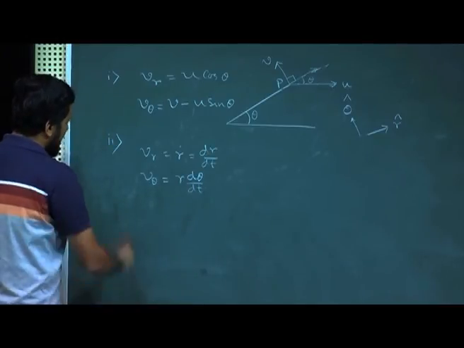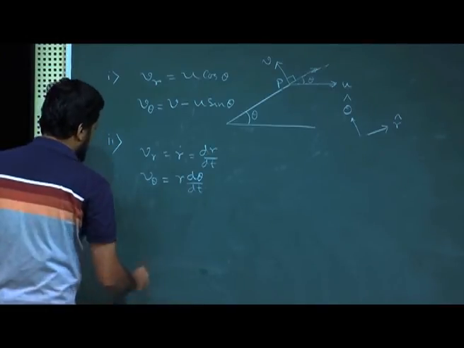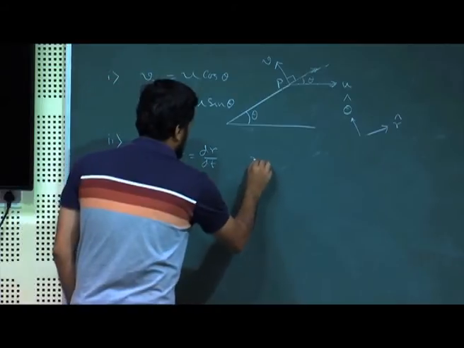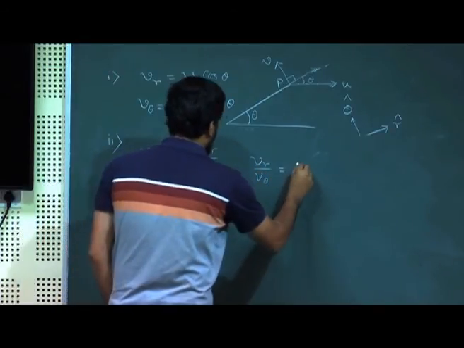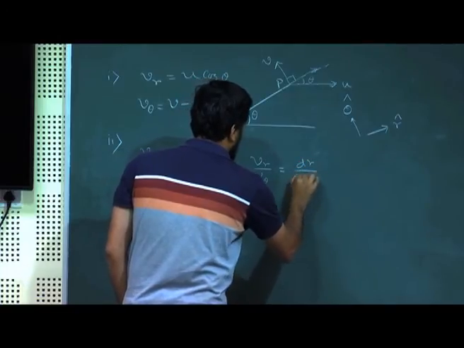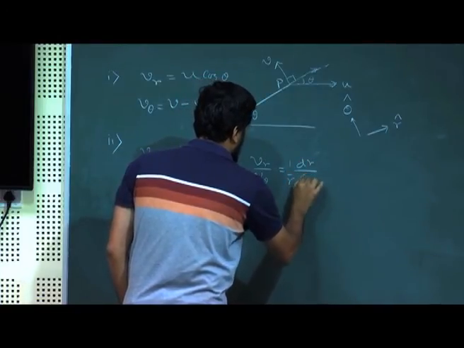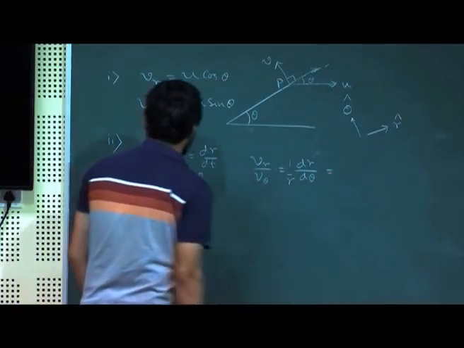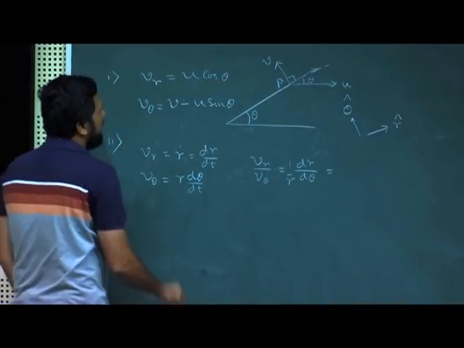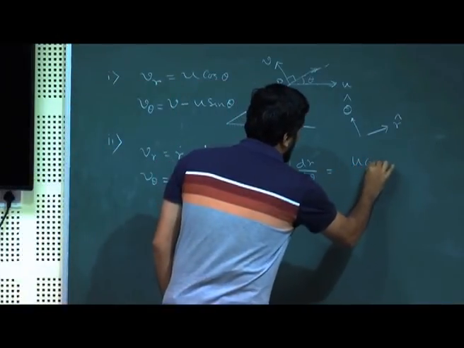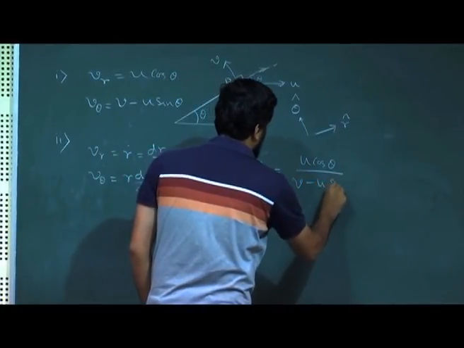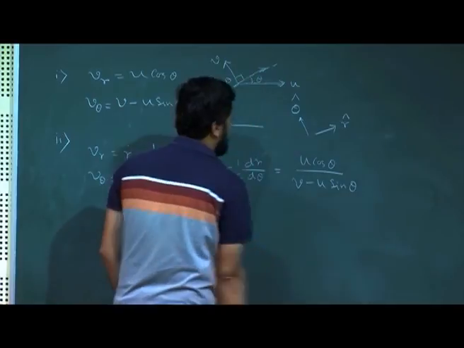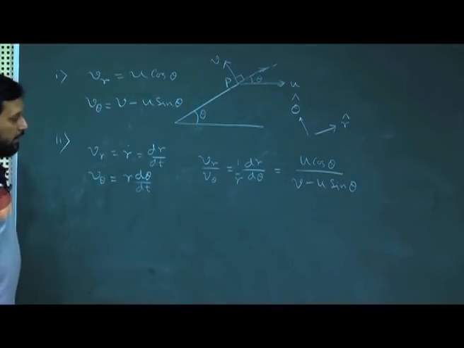So, if we simply divide one by the other, then we have Vr by v theta is equal to dr by 1 over r d theta, which will be, from this we get u cos theta over v minus u sin theta, right.